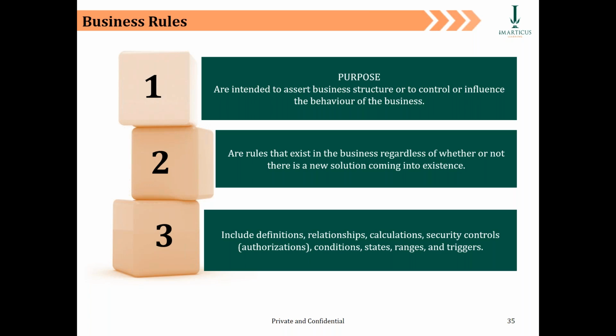So if I look at the holistic picture of business rules, what's the purpose? The purpose is to assert a business structure or control the behavior of the system. Unless you put in a business rule, the system will not adhere to the fact that anything beyond 50,000 should not get processed in the system.